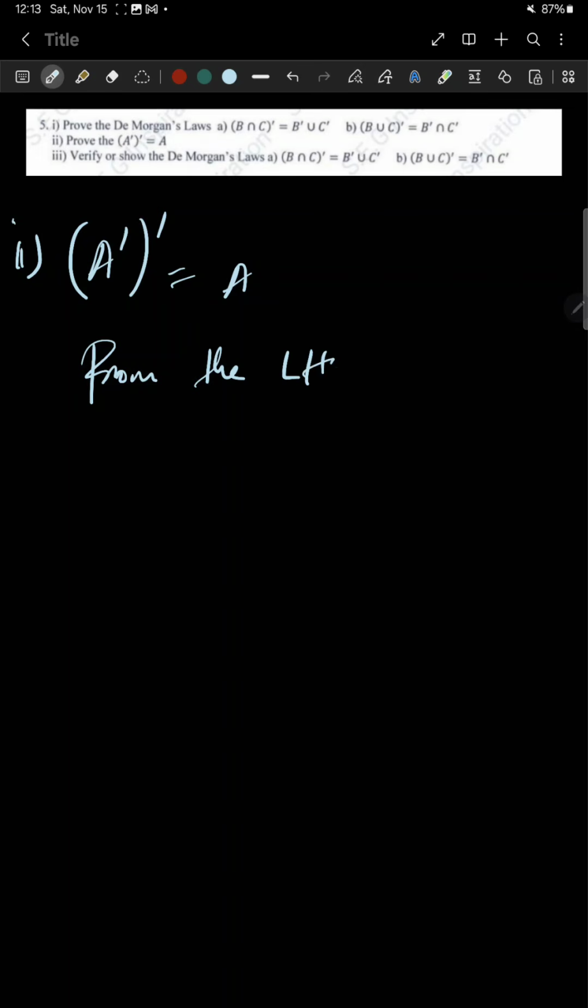So we have part 2, which is prove that the complement of A complement is equal to A, right? So I'm going to say from the left hand side to the right hand side. Okay, so I'm going to say let X be a member of A complement complement, right?